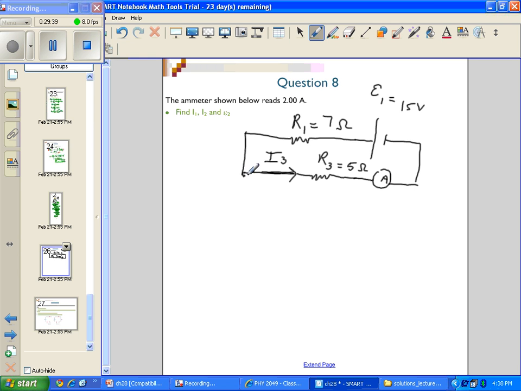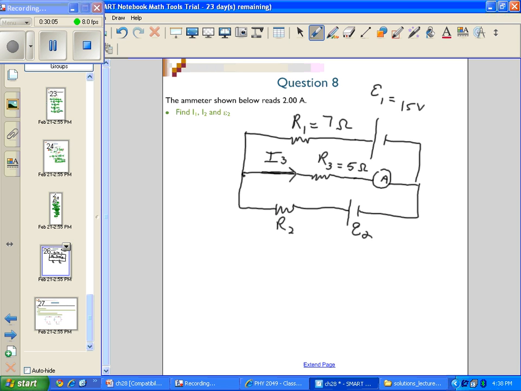which is what we're being told the ammeter is measuring 2 amps, which must mean that the ammeter is measuring I3. And so we immediately determine the value of I3 without having done nothing more than noting where the ammeter has been placed.